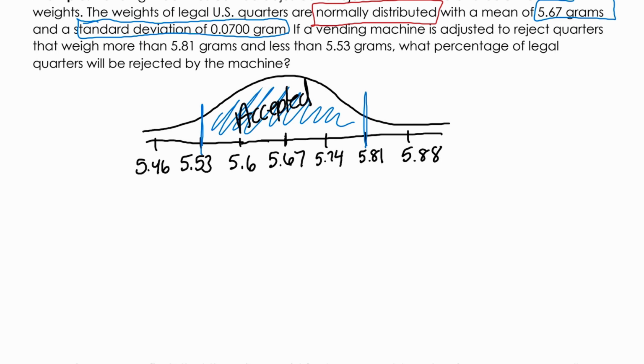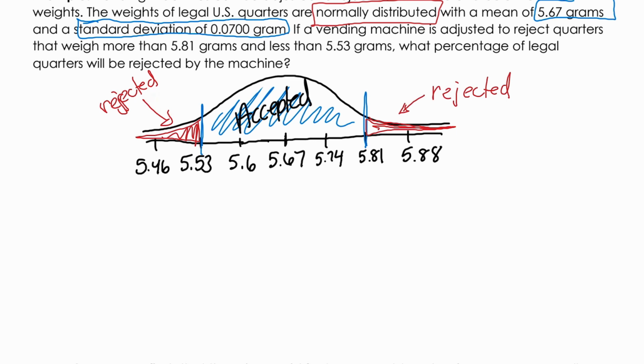But anything to the right that's higher than 5.81 or lower than 5.53 is going to be rejected. So we've got to figure out what percentage is going to be rejected.